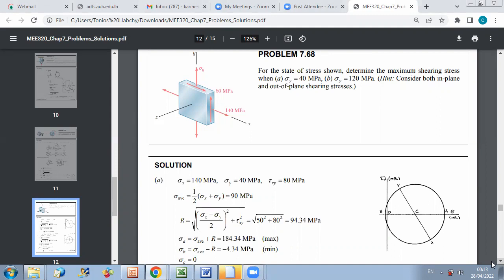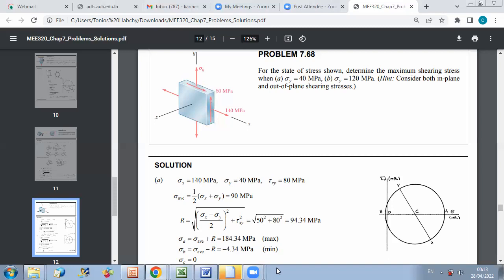Okay, so when they just say maximum shearing stress, you should determine if this maximum is in plane or out of plane shearing stress. So for example, in this problem, they gave us the state of stress in plane xy, and as you can see, since there is no sigma along z and no stress along z, this is a 2D plane stress.